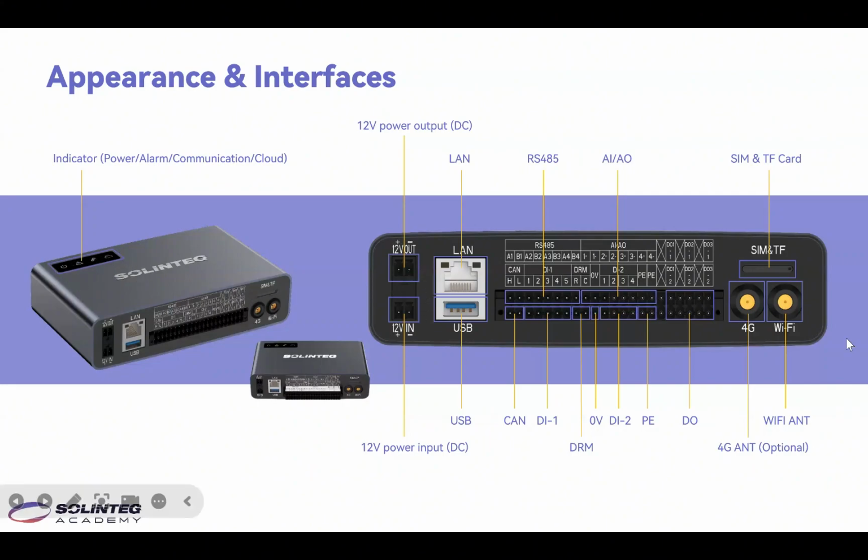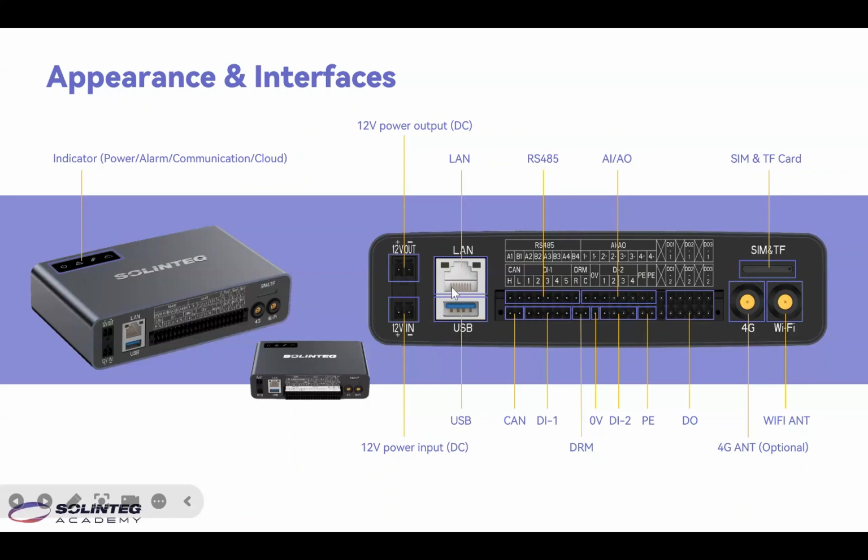Okay, and over here we can see the right side. In this picture, from left to right, the first one is two terminals: a 12-volt output and a 12-volt input. The input is the power supply of the datalogger. The output, as we have mentioned, is a controllable output connector. You can connect it with other loads and control them to turn on or off.